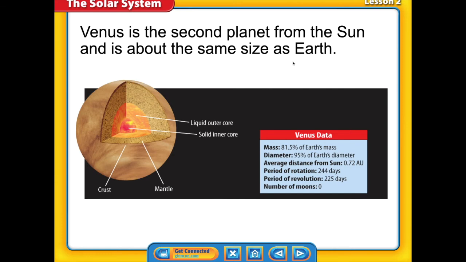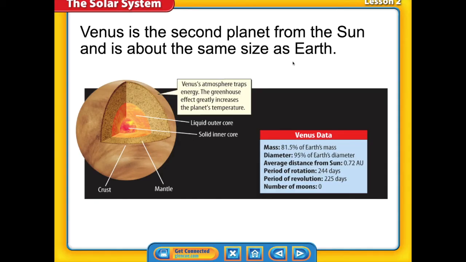So yes, you're correct. Almost every day, in fact, you would celebrate your birthday on Venus because the days are so long, 244 Earth days long, and a year on Venus is 225 days. So Venus moves very, very slowly in its rotation time, and it gets around the sun pretty quickly in 225 days.